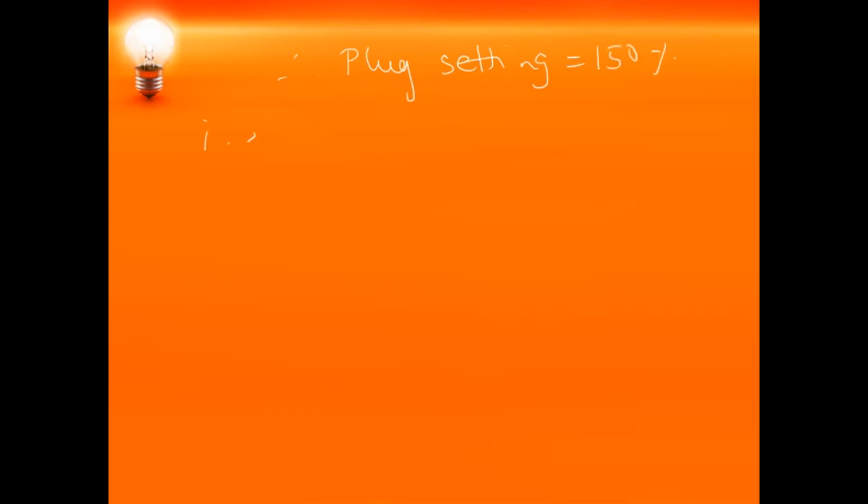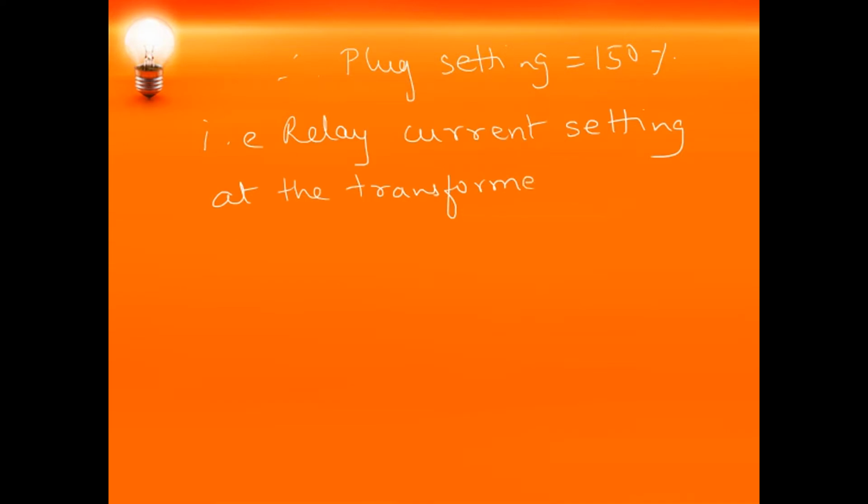That means the relay current setting at the transformer end is 150% of 5 amps, which is 7.5 amps.